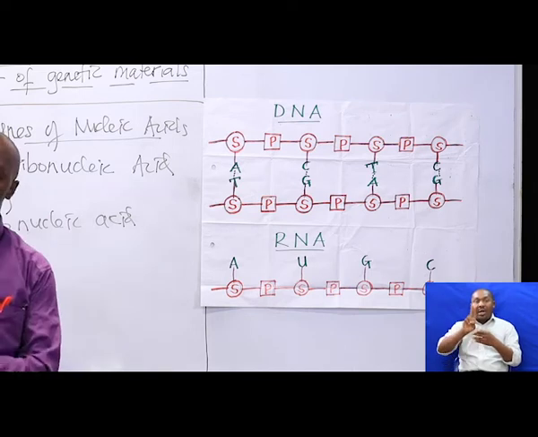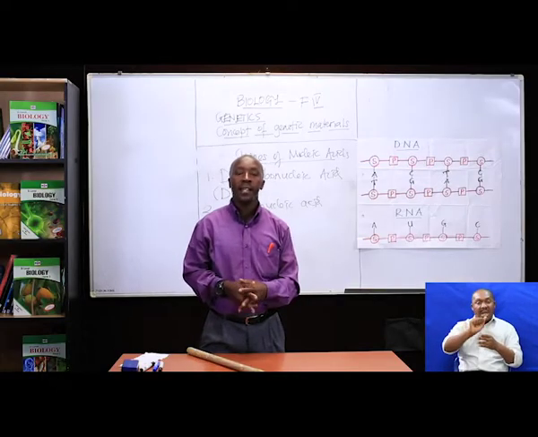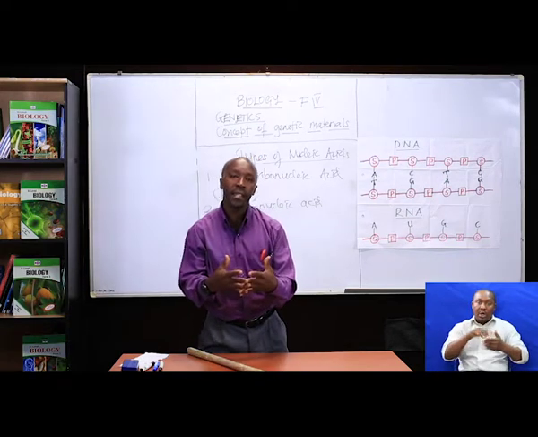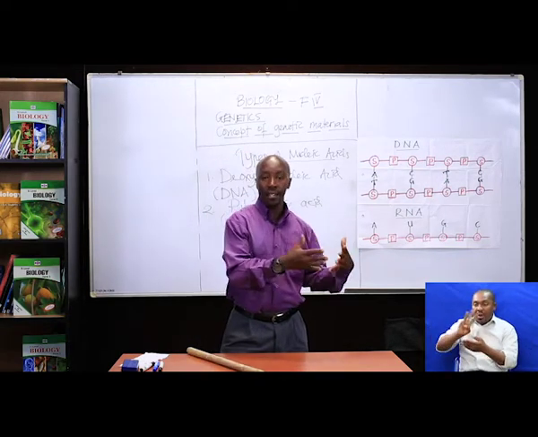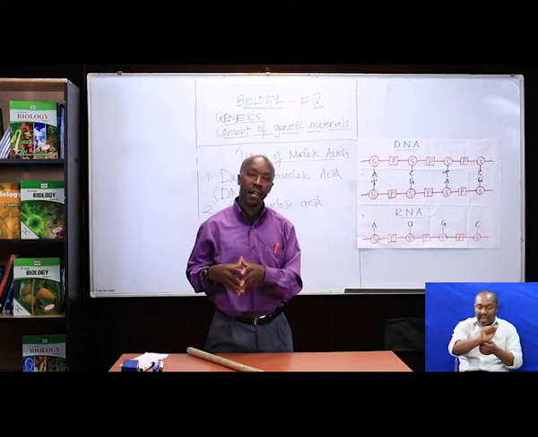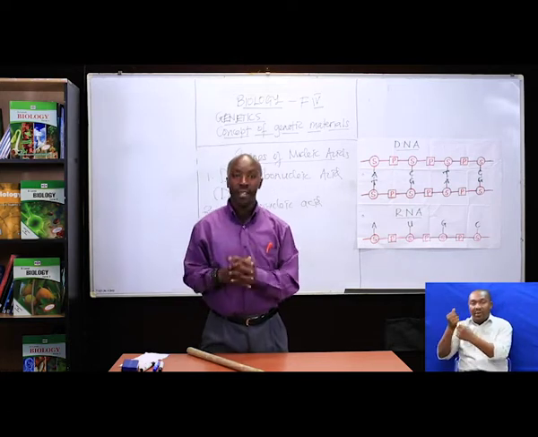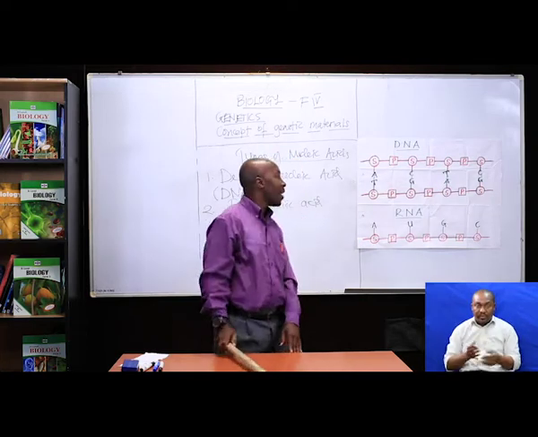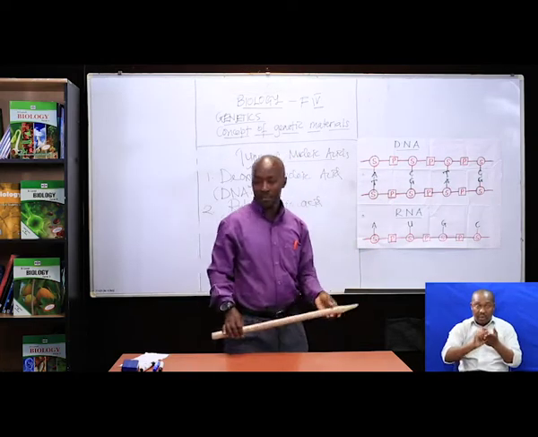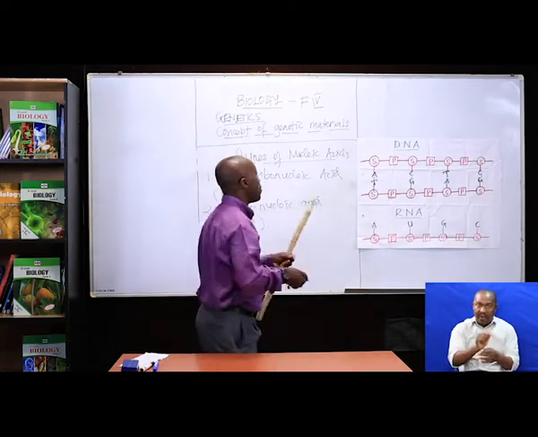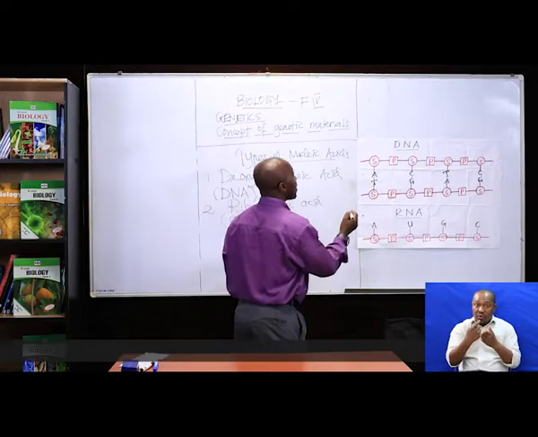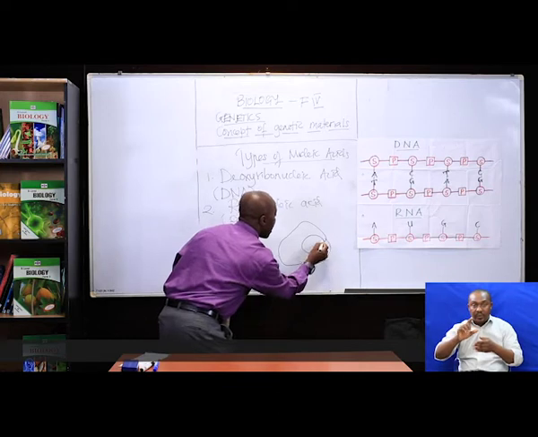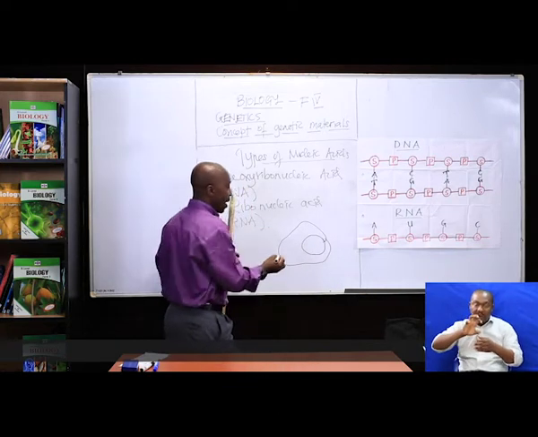Another difference, my dear student, is the position or location. Where can we find DNA in the cell, and where can we find RNA in the cell? Well, if you draw the cell, let's say this is a cell, and this is the nucleus of the cell.